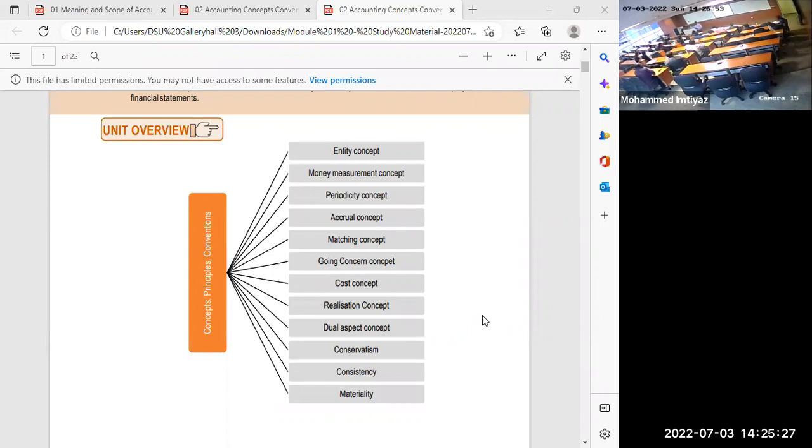In one of the classes, I think in executive MBA only, one student was asking, sir, investment made by the owner, 1 lakh rupees in the business. What's the entry? Without teaching you what a general entry is, I'm telling you now, some of you may be there.